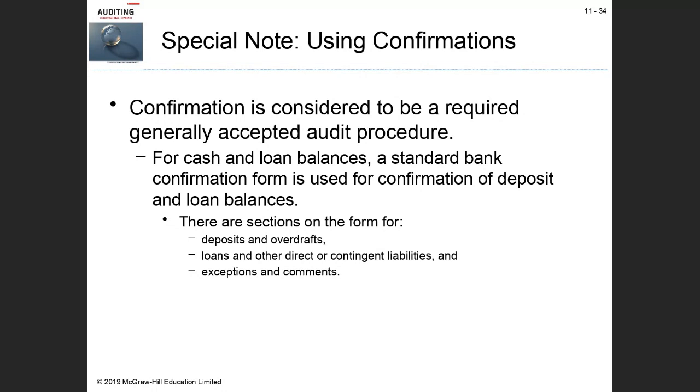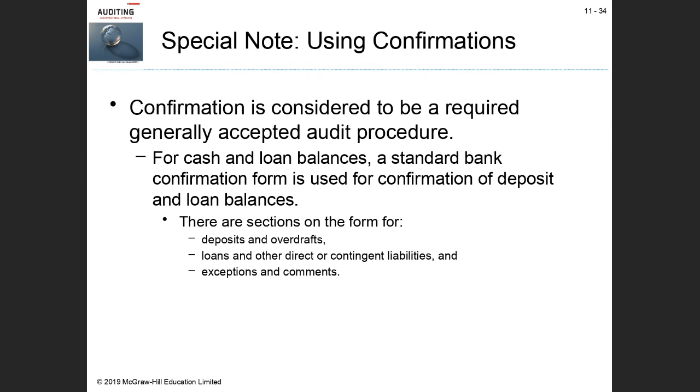On this PowerPoint, number 34, it says confirmation is considered to be a required, generally accepted audit procedure. If you're an auditor, you would not want to go into court not having done some amount of confirmation work. It's related to what? Well, cash. So a company says it has $10 million in its bank account.